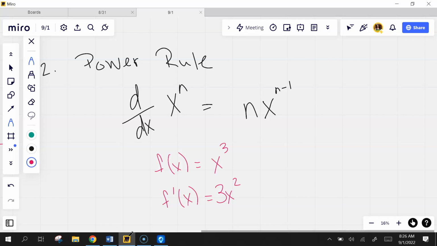Now, if I plugged in the difference quotient and did f of x plus h minus f of x over h, and simplified down, I would find out, in fact, that this is 3x squared. Y'all sure you don't want me to do it? Okay. We'll just do it this way.